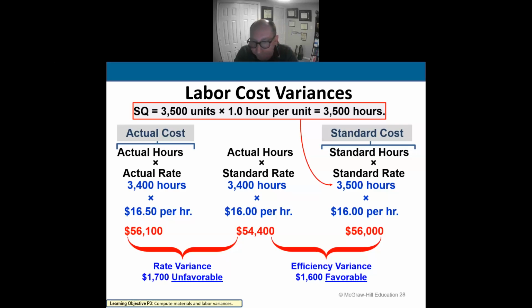Good so far. We're almost done. I know, it's a lot of variances. All right. Total cost variance, $100. Still unfavorable because the actual is greater than the standard.